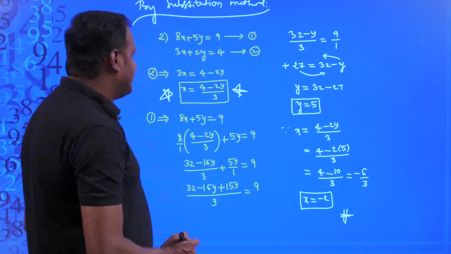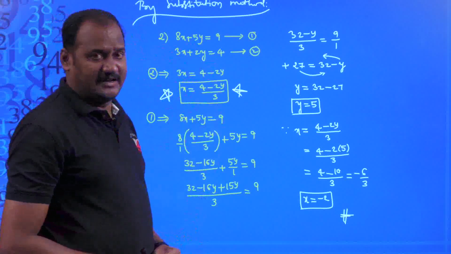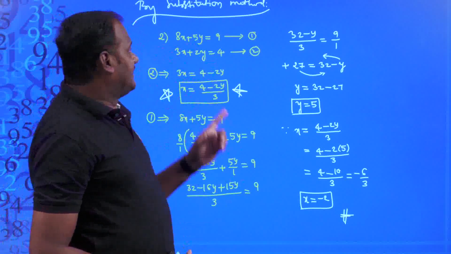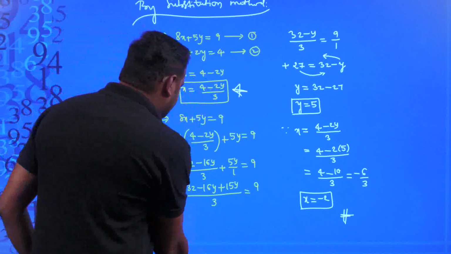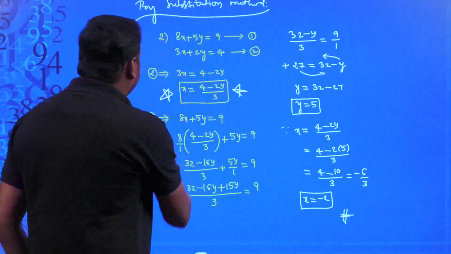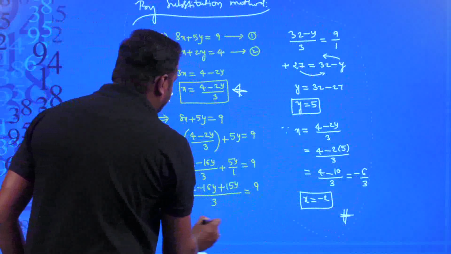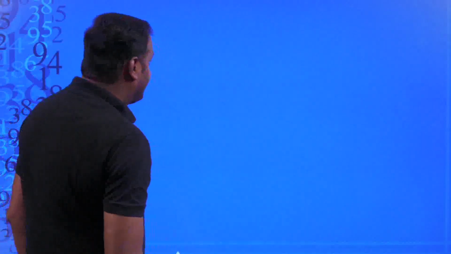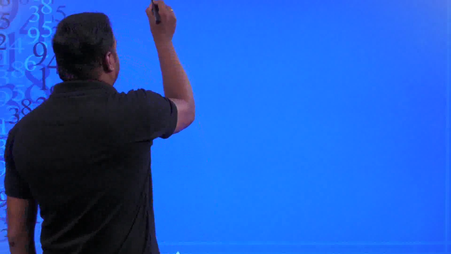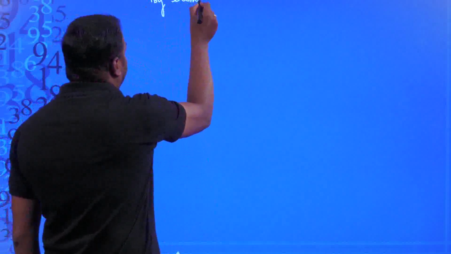Let us see how to solve a pair of linear equations in two variables by the elimination method. Let me take two linear equations and explain. First, let us try with a smaller example, with smaller coefficients, by the method of elimination.